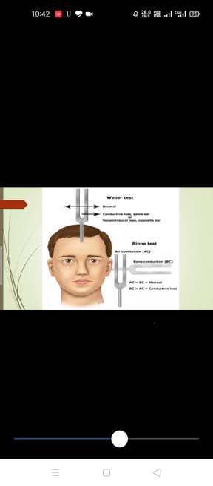It might be either conductive hearing loss or sensory neural hearing loss. So for confirming whether it is conductive hearing loss or sensory neural hearing loss, you have to do a Rinne test. For the Rinne test, you will strike the tuning fork and put it on the mastoid bone. The mastoid bone is present behind your ear.